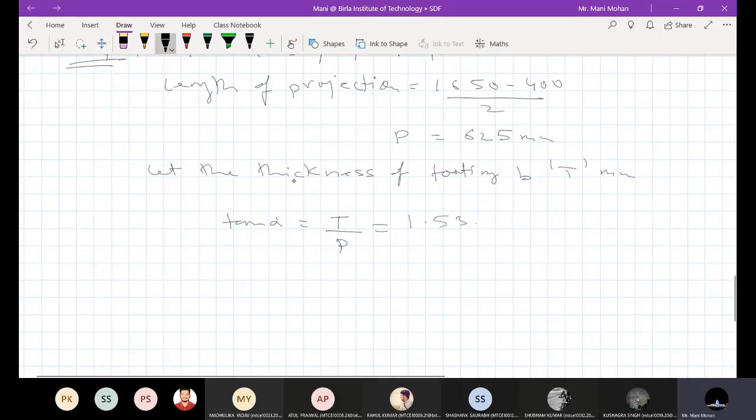So from here, I get the thickness of the footing as 1.53 into 625. So how much is the thickness of the footing you should provide? 954 mm.